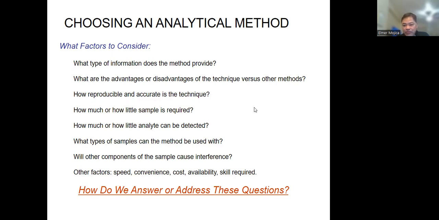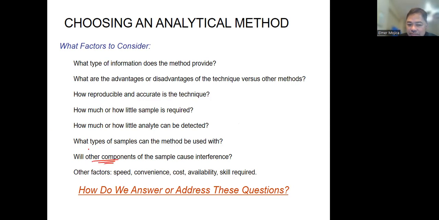So what is the lower limit, okay, of the analyte, is it ppb level, ppm level? And then what type of sample can the method be used with? Will other components of the sample cause interference? What are these other components? Anong tawag natin dyan?